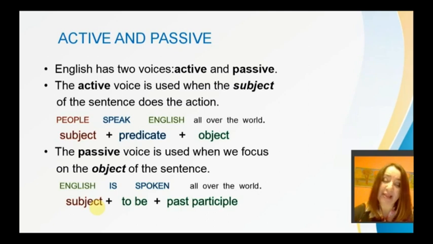And spoken is past participle. Past participle is what? With regular verbs, verb plus d or ed. With irregular verbs, form from third column.